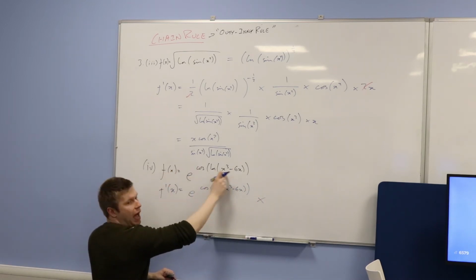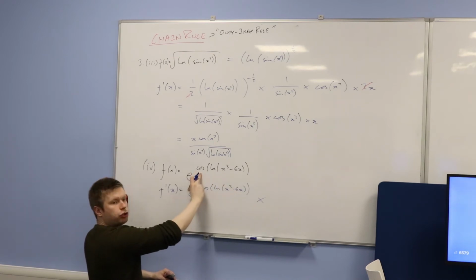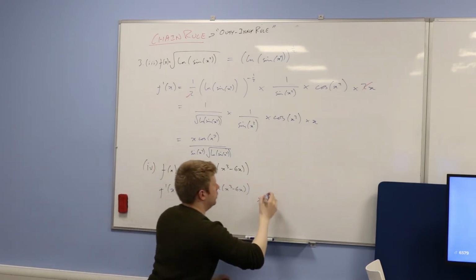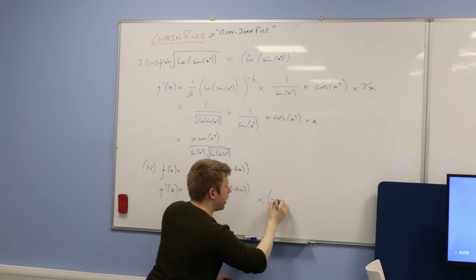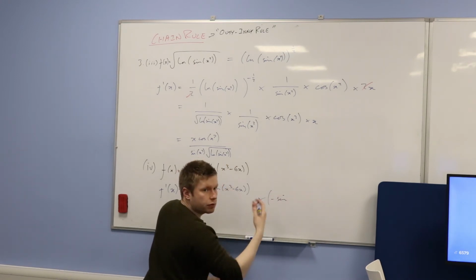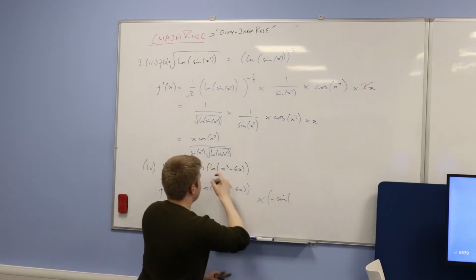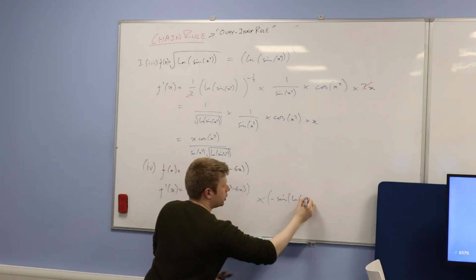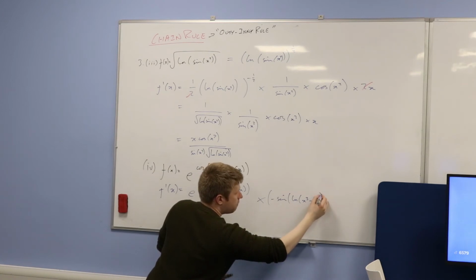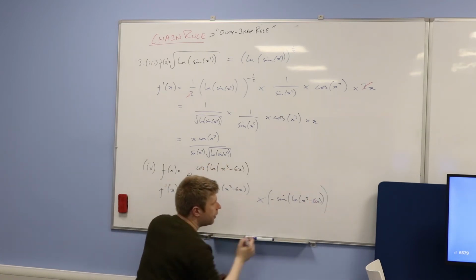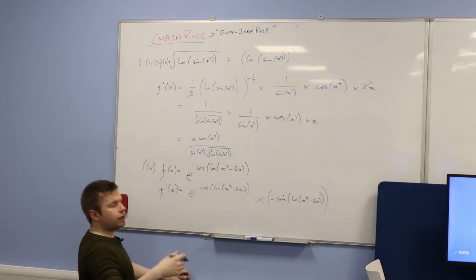So then we look at this bit, the power. That's my inside function. What's the derivative of cos? I get negative sine. I'm going to put that in a bracket to make sure I don't confuse the negative with subtract. So I get sine of, leaving the inside function alone, ln of x cubed minus 6x. Then I multiply by the derivative of the inside function again.